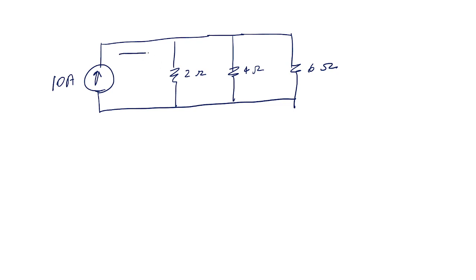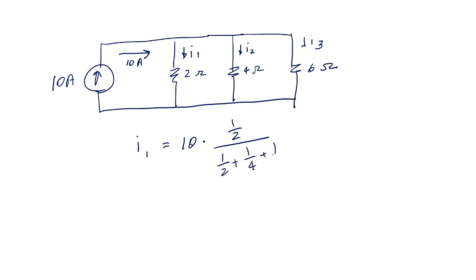The current flow here is 10 amp, and this is I1, this is I2, this is I3. We can compute I1 by 10 amp times 1 by 2 divided by 1 by 2 plus 1 by 4 plus 1 by 6. Okay, here this is the current divider rule.